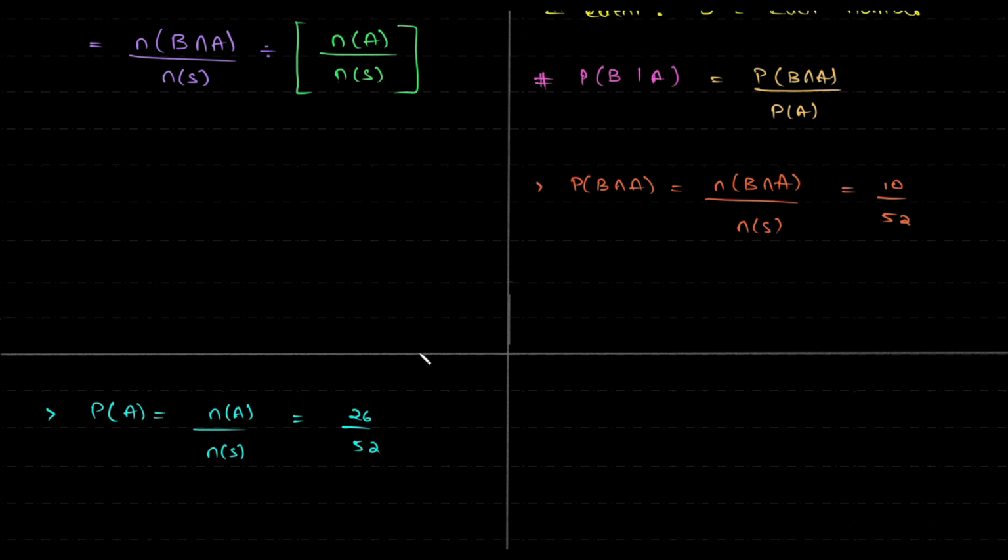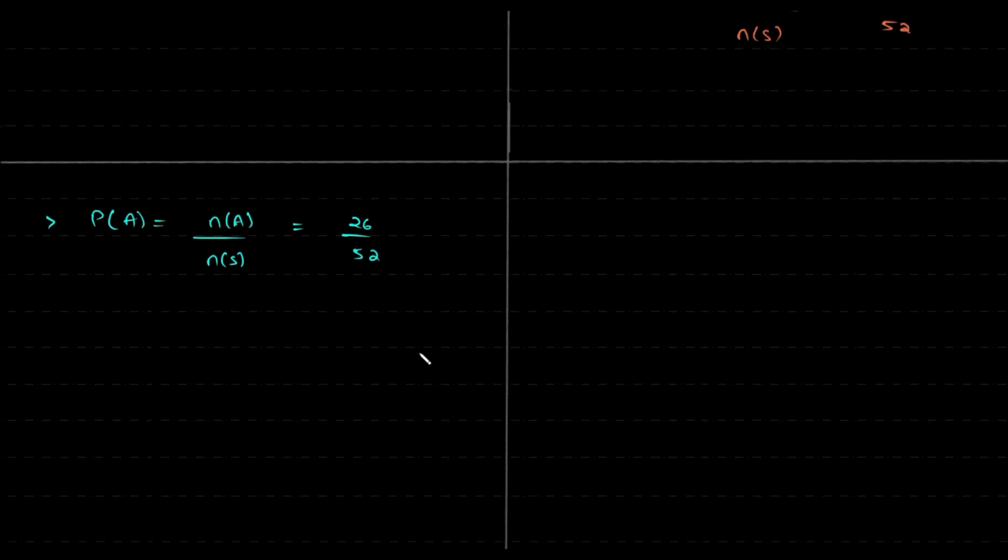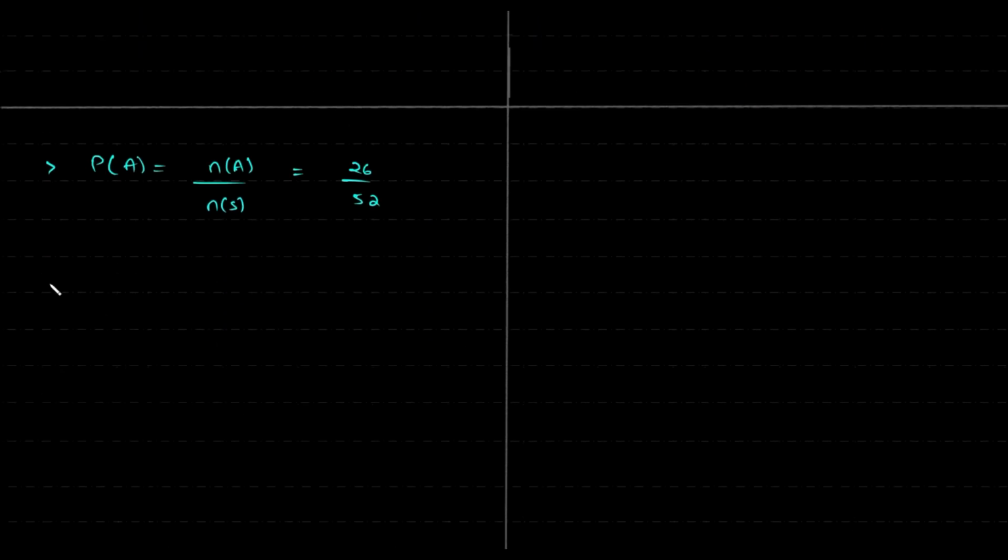I know that, but I just did the lengthy version of it. And finally, therefore, probability of B given A is 10 by 52 getting divided with 26 by 52. 52 gets cancelled, and we have 5 by 13.